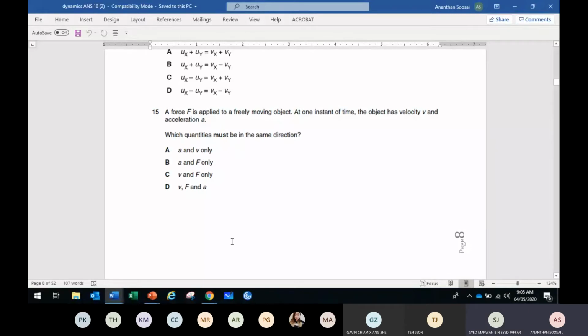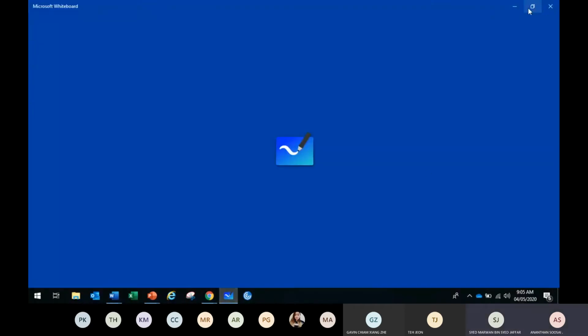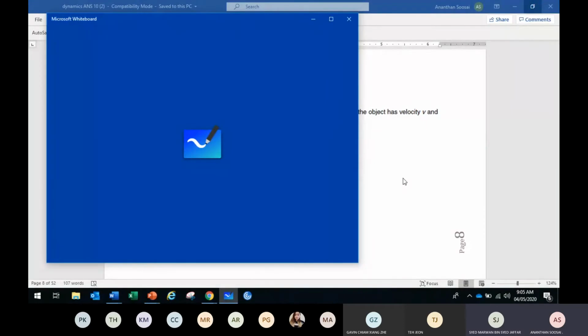Force and acceleration are always in the same direction. Are velocity and force always in the same direction? Not necessarily. One example is projectile motion.